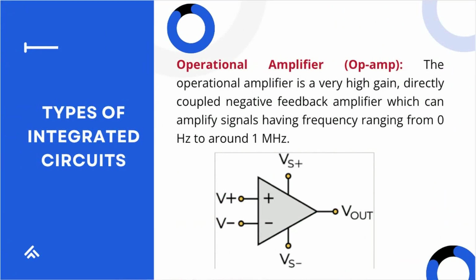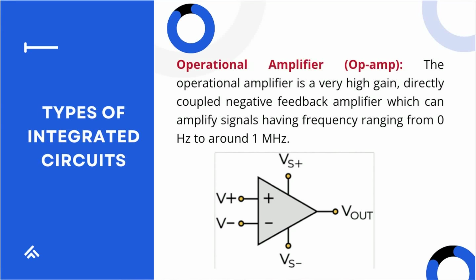So now, what is an op-amp or operational amplifier? The operational amplifier is a very high gain directly coupled negative feedback amplifier which can amplify signals having frequency range from 0 Hz to around 1 MHz.